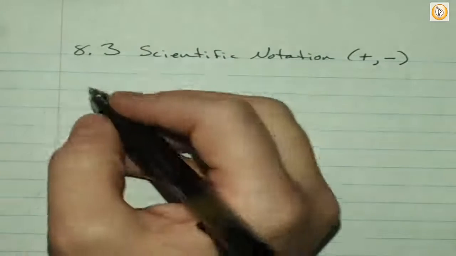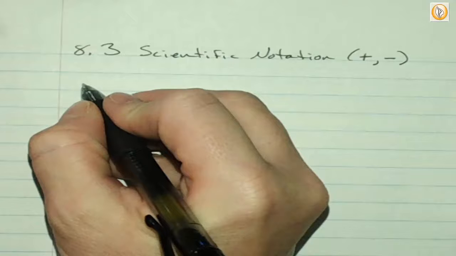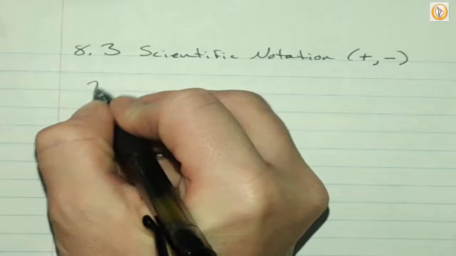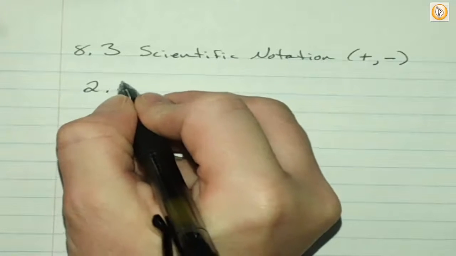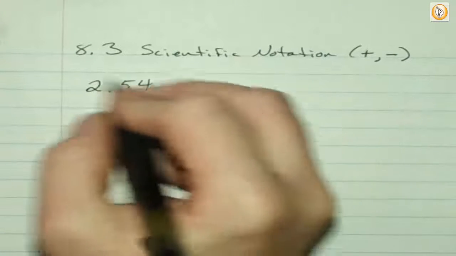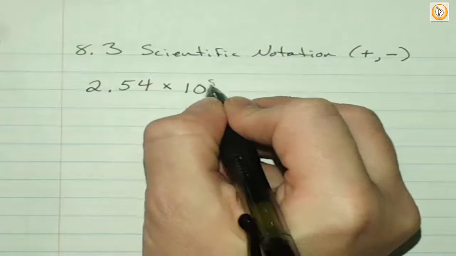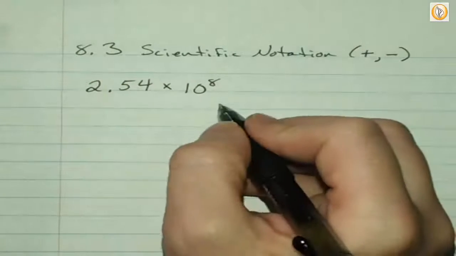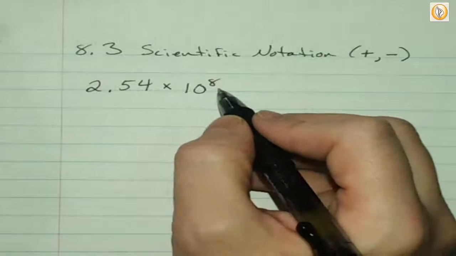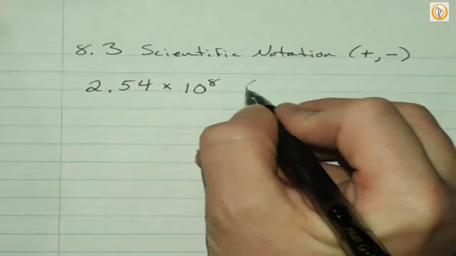So I'm going to go back and real quickly, let's look at 2.54 times 10 to the 8th. This is just like a recap. And we want to put that into standard form.